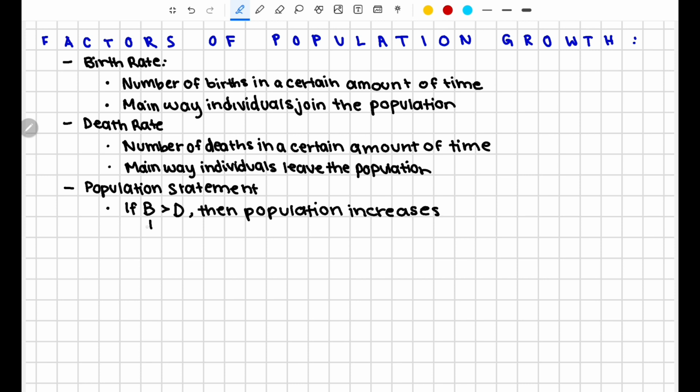That means more individuals are being born than those that are dying.